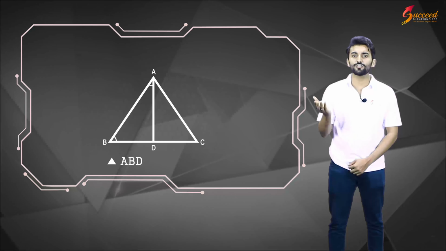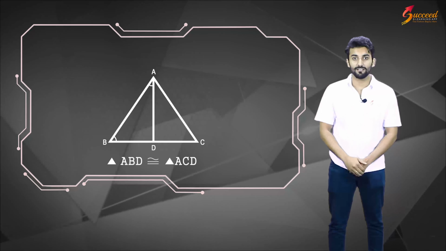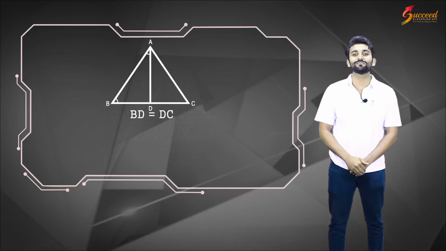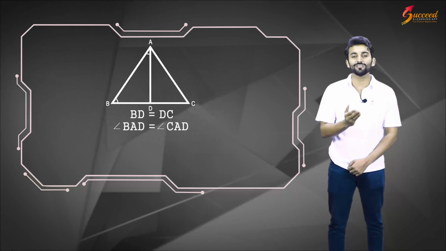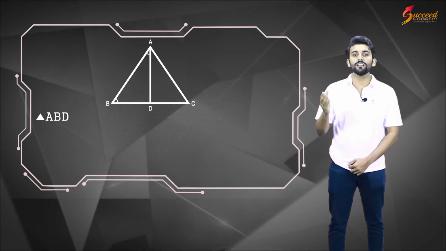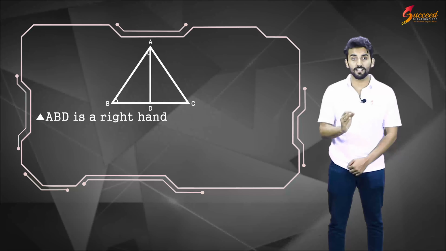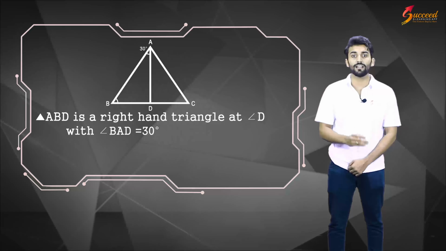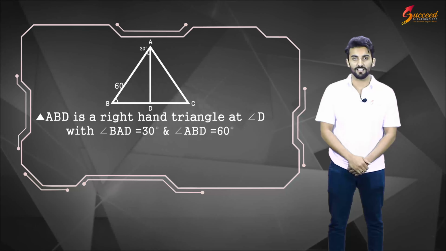Triangle ABD is congruent to triangle ACD by SAS postulate. BD is equal to DC, angle BAD is equal to angle CAD. Now observe that here triangle ABD is a right angle triangle at angle D with angle BAD is equal to 30 degree and angle ABD is equal to 60 degree.